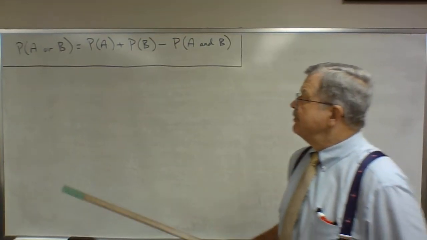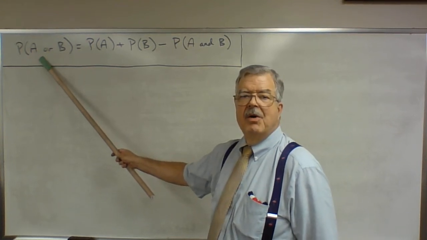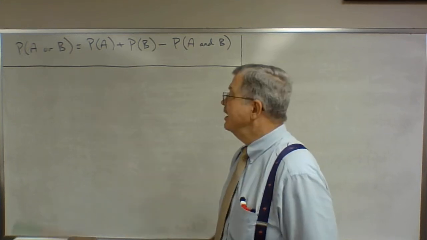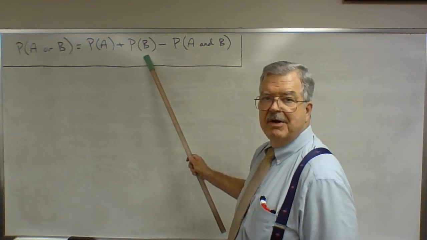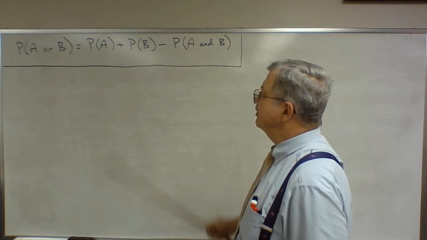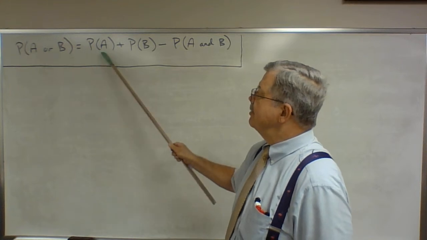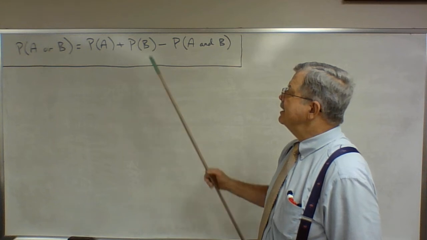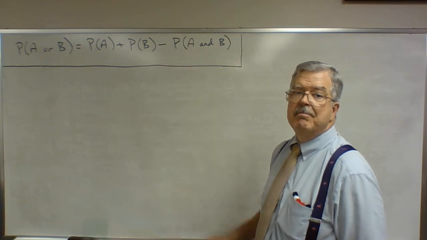In general, when we're computing the probability that one event or another event occurs, it's the sum of the probabilities that each of them occur minus the probability that both of them occur. The probability of A or B is the probability that A occurs plus the probability that B occurs minus the probability that they both occur.